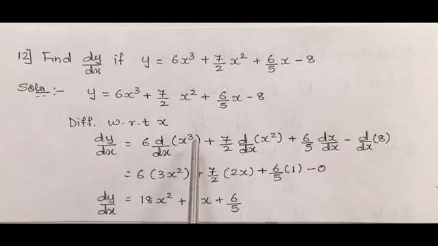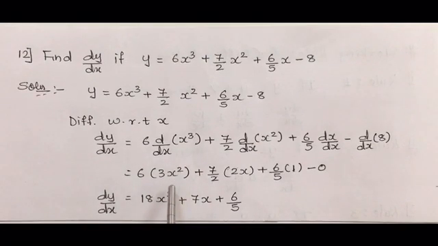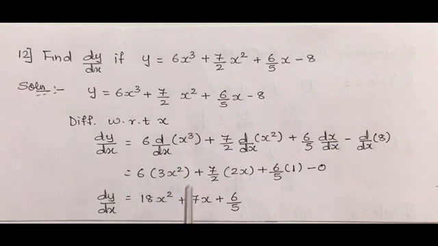Now x cube derivative is 3x square, using the standard derivative of x raised to n. So it becomes 3x square. x square derivative becomes 2x. dx upon dx is 1.